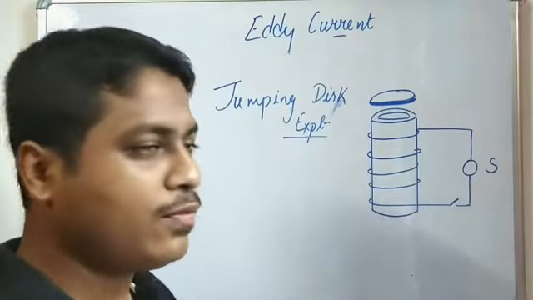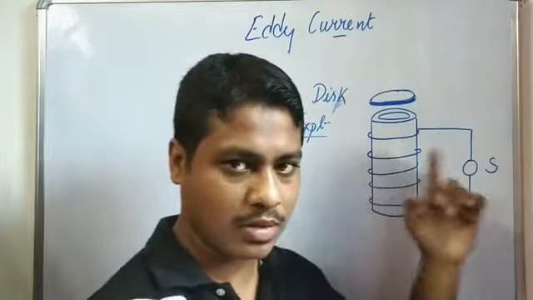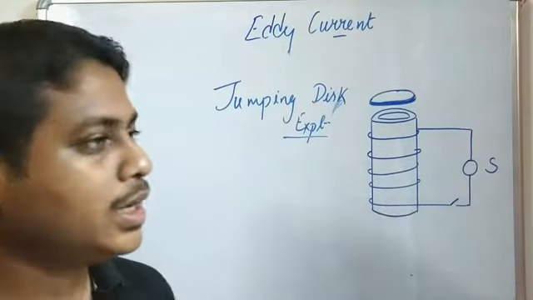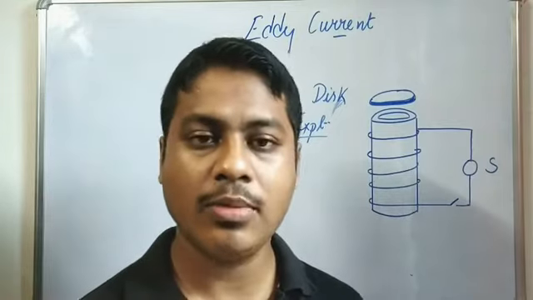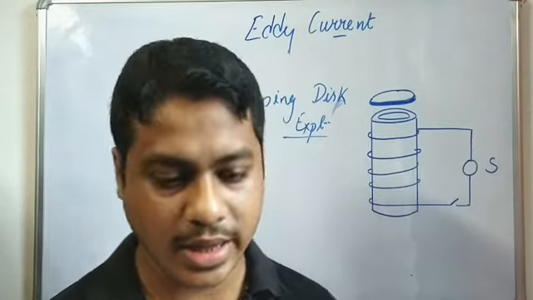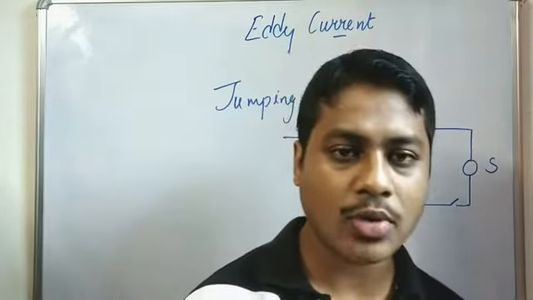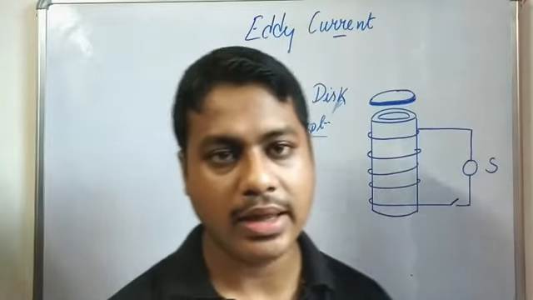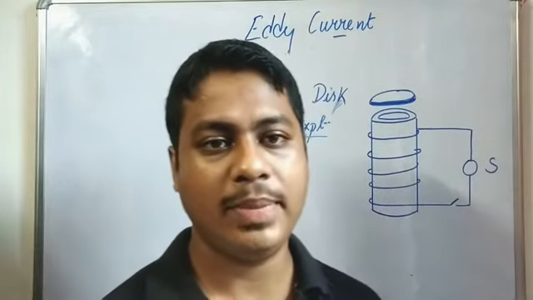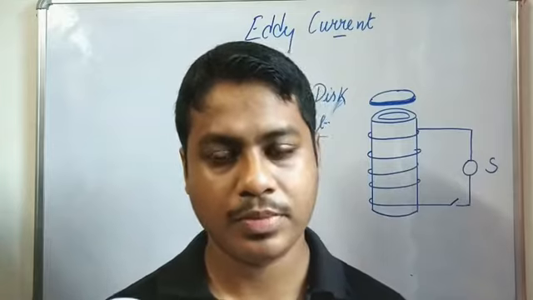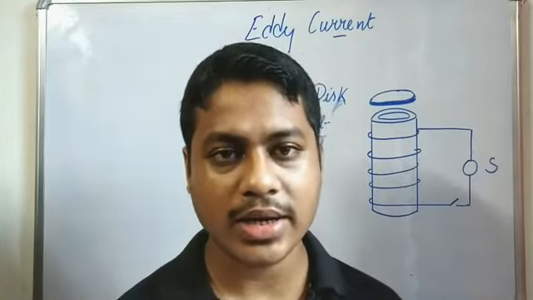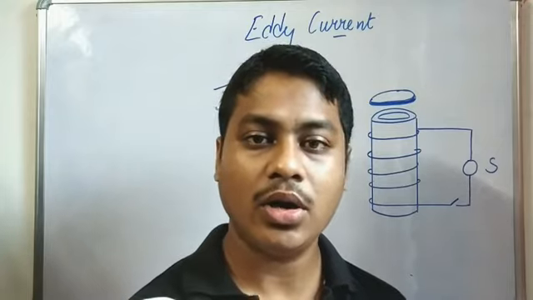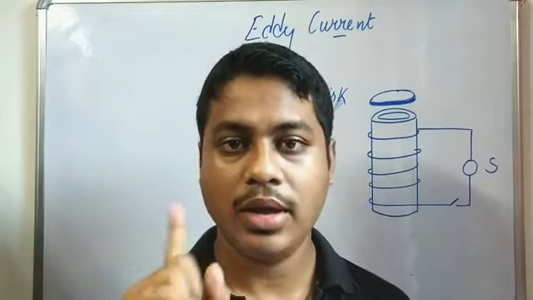So when the current flows through the tin, we know according to the clock rule, which we already discussed, that if the current flows in an anti-clockwise direction, then that face behaves as a north pole. And if it is in a clockwise direction, then that will be a south pole.